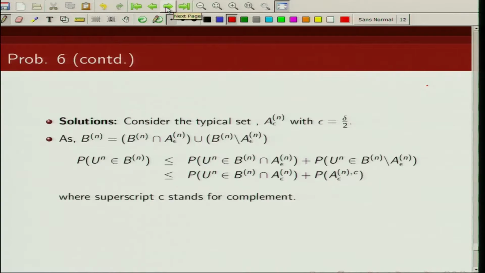Now let's say you have two sets A and B. If I ask you to write B, what is B? B is this set. B is this portion plus this portion, right?